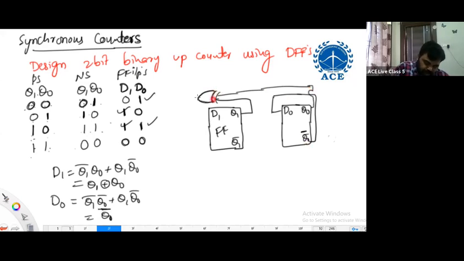The clock is applied synchronously, so it is a synchronous counter. D0 is Q0 bar, and D1 equals Q1 XOR Q0.